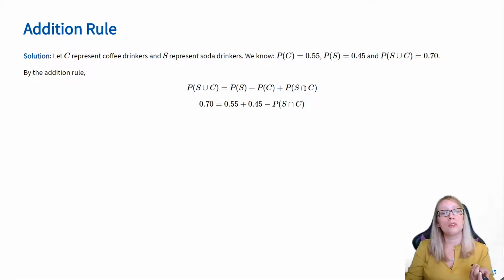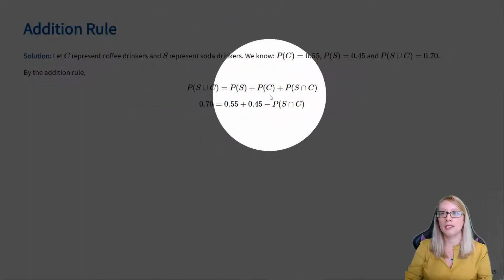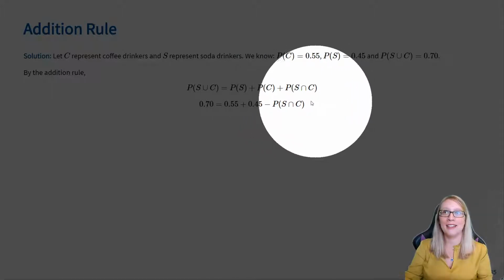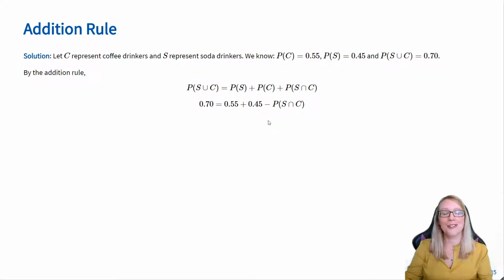By the addition rule, the probability of S union C is equal to the probability of S plus the probability of C minus the probability of S and C. This should be a minus here. Apologies for that typo. Correct on the next line though. So 0.7 is equal to 0.55 plus 0.45 minus the probability of S and C, which is the probability we want to find. A little bit of algebra later, we get that the probability of drinking both soda and coffee is 0.25.